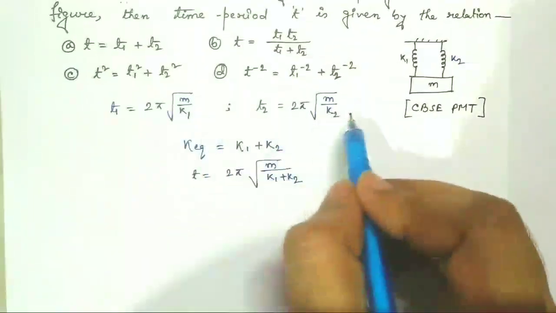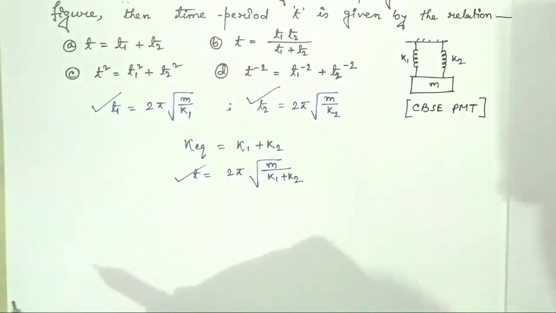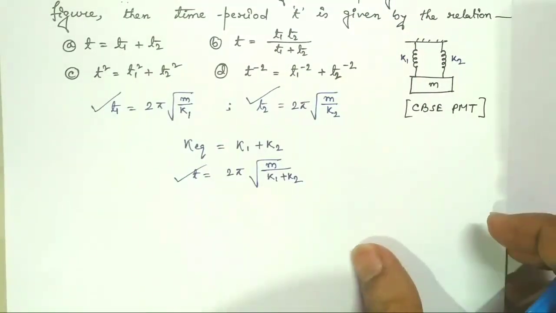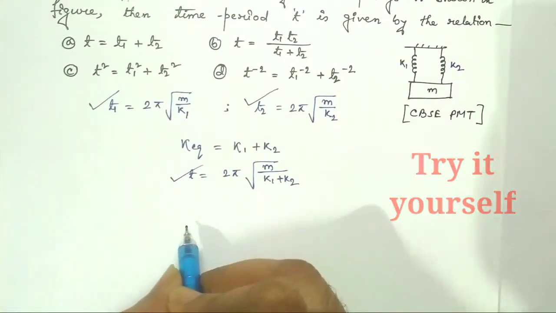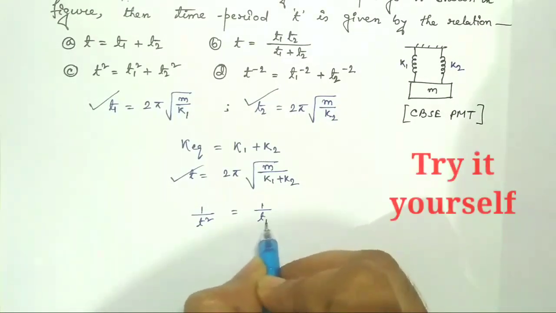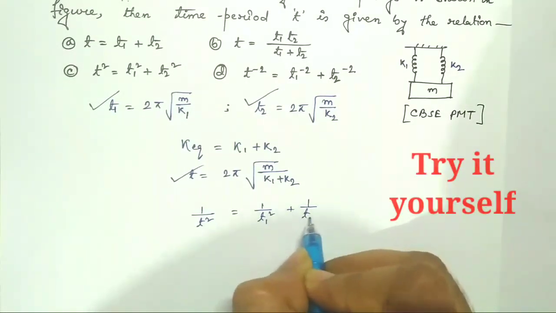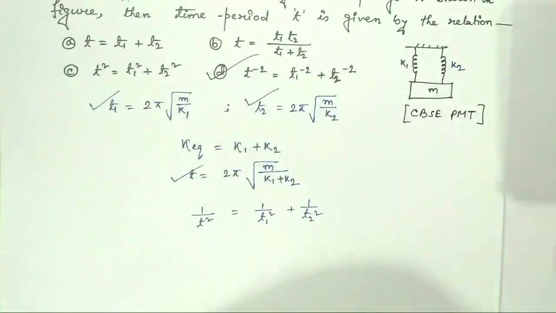From these three equations, this is equation 1, this is equation 2 and this is equation 3, what relation comes out? The actual relation is given by 1 by T square equal to 1 by T1 square plus 1 by T2 square. That is option D is the right answer.